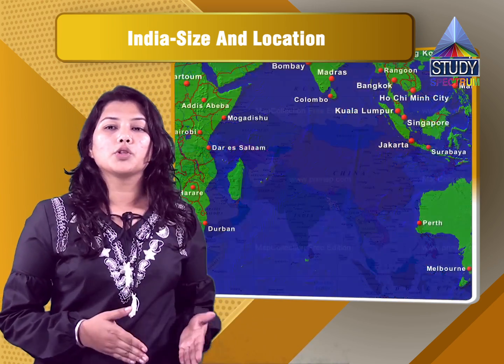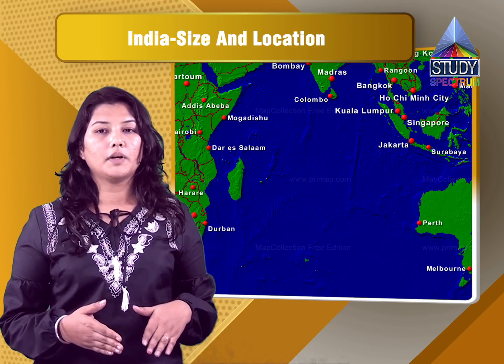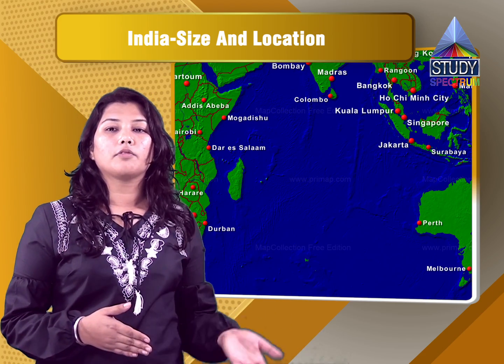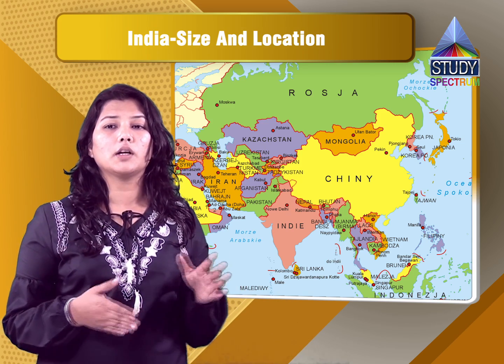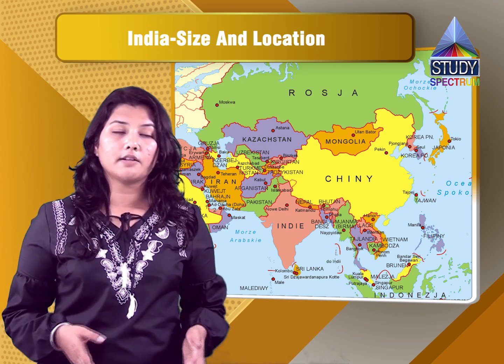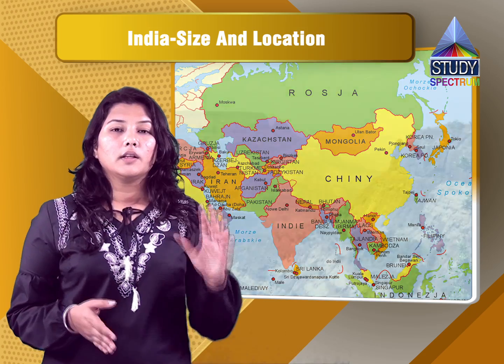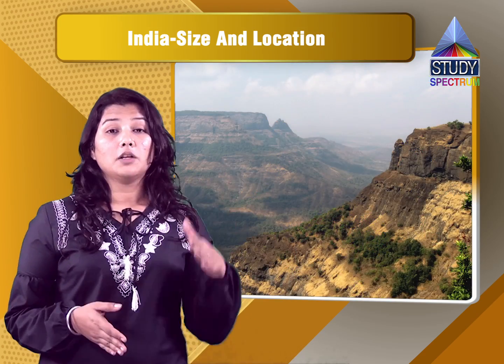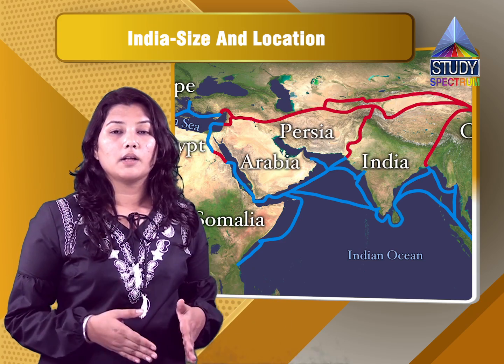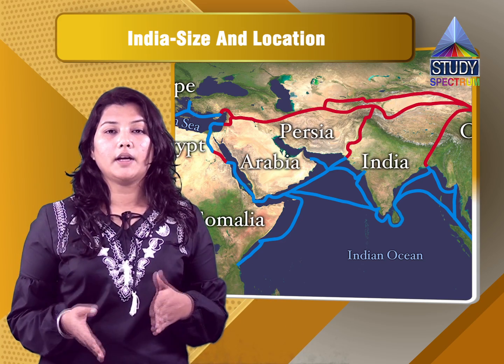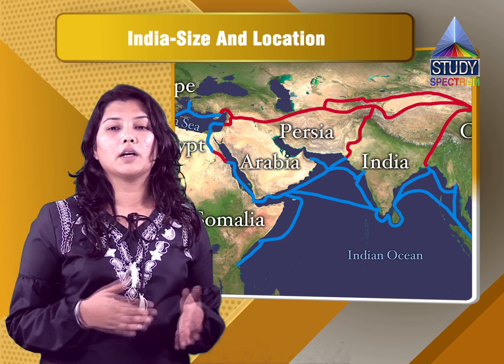The Indian Ocean connects the countries of Europe in the west and the countries of East Asia, and it provides a strategic central location to India. There is the Deccan Plateau, or the Deccan Peninsula, which protrudes into the Indian Ocean, which also helps us establish trade and industry with other countries.